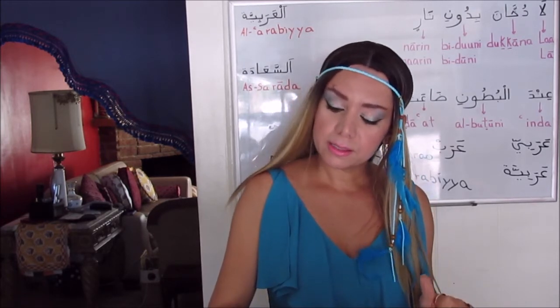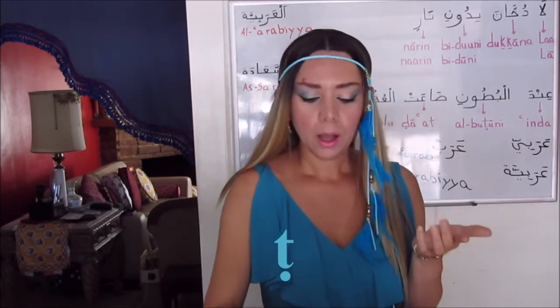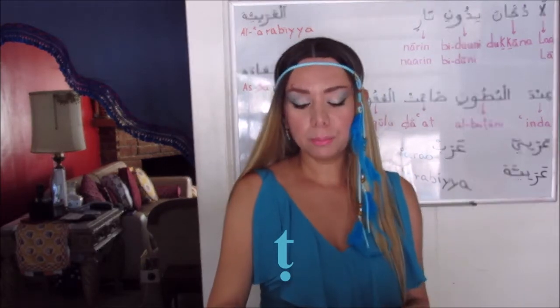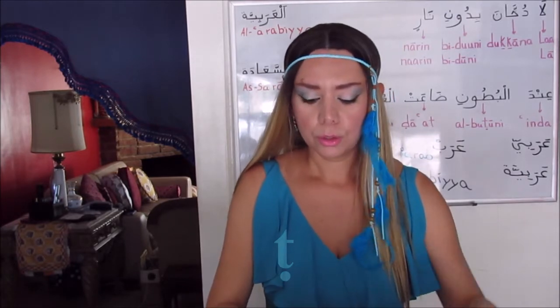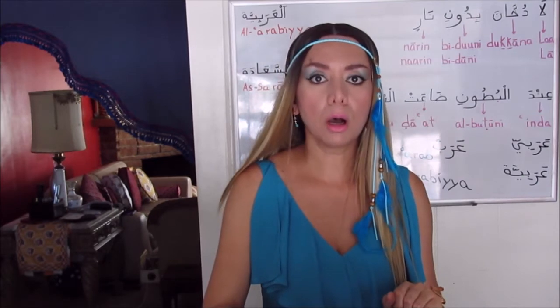Number 6, or a dotted T, are the analogous symbols to be used for the transliteration of the letter ta.